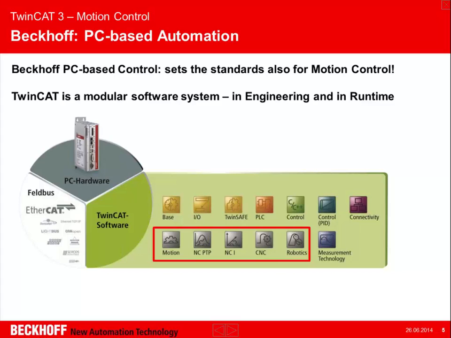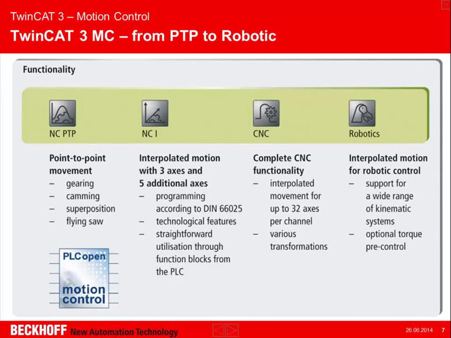So we have motion control point-to-point, we have motion control NCI, which is interpolated but limited to 3 interpolated axes, and we have motion control CNC, which is limited to 5 interpolated axes, and a lot of transformations are available for this product. And we have the robotics package, which has a lot of different transformations for different robotic constructions.